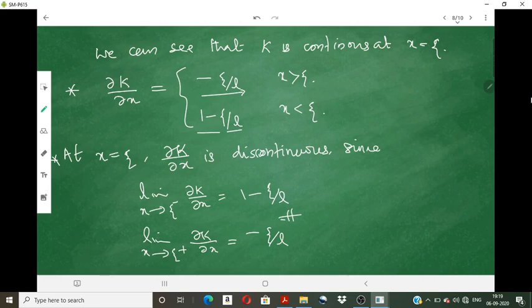Therefore, the limit does not exist at x equal to theta.